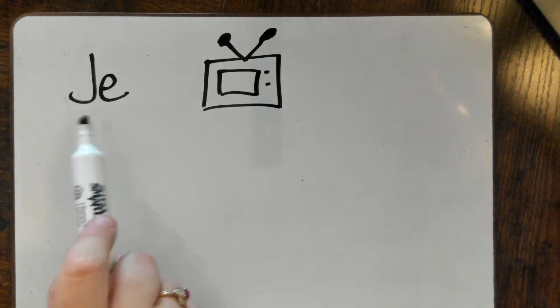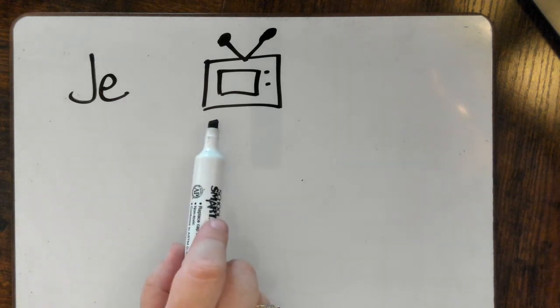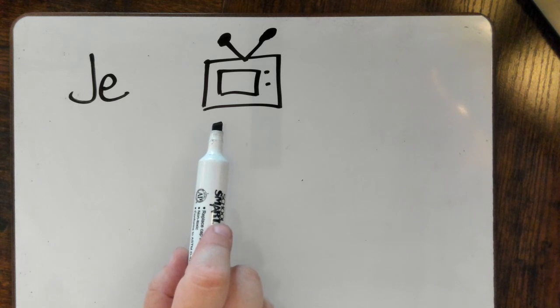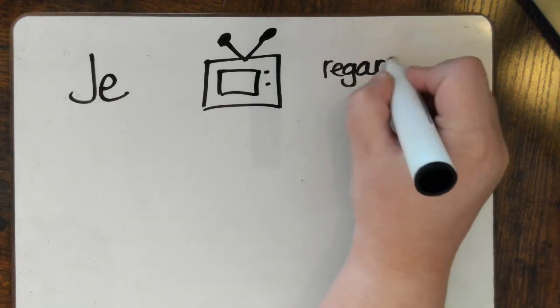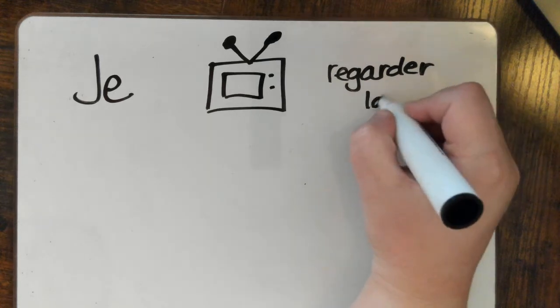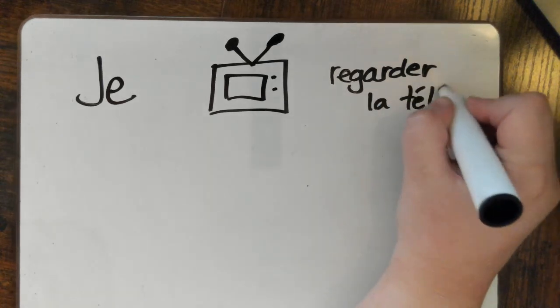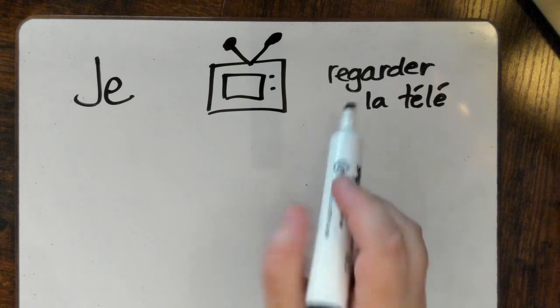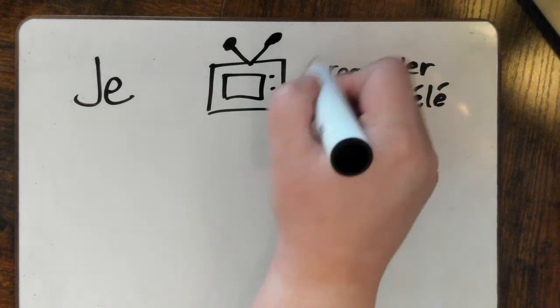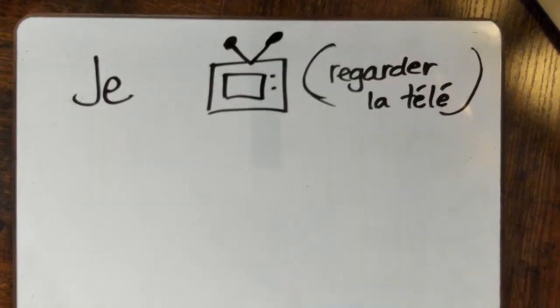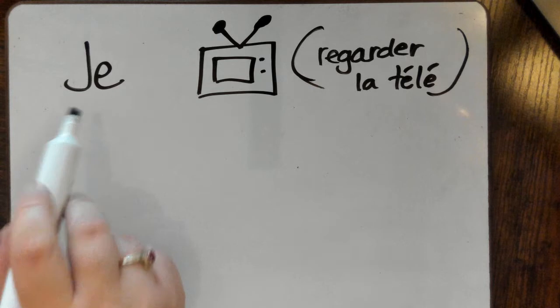You're going to say je and then the activity that involves television. So that would be regarder la télé. Okay, but I'm not going to write the verb out for you every time. I'm doing it now for an example. So this is what you're thinking in your head. And then you're going to conjugate that verb to make a sentence with this as the subject.